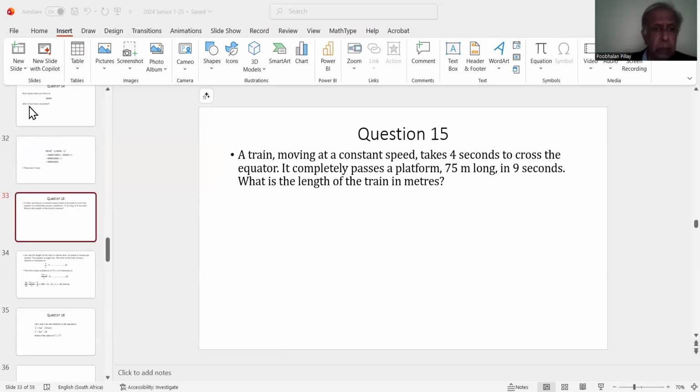A train moving at constant speed takes 4 seconds to cross the equator. Oh, the equator is just a single line. All right, so it takes 4 seconds to cross the equator. So let's just put the train here. Let's draw a little train.